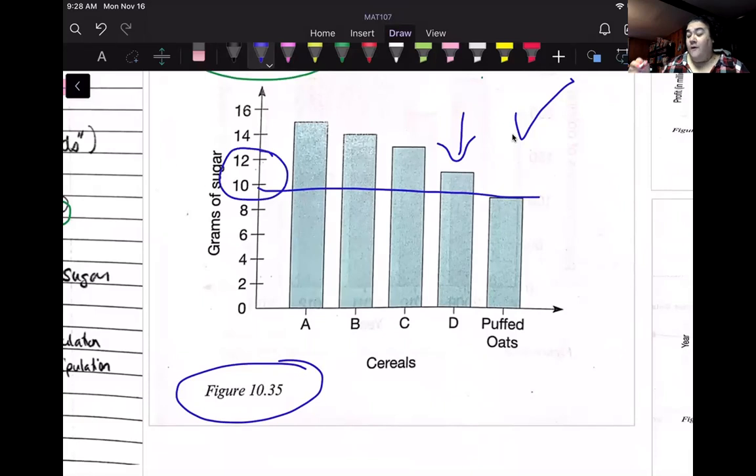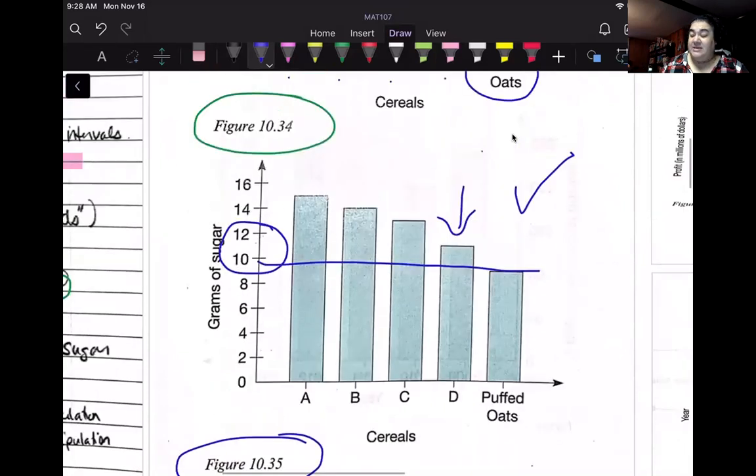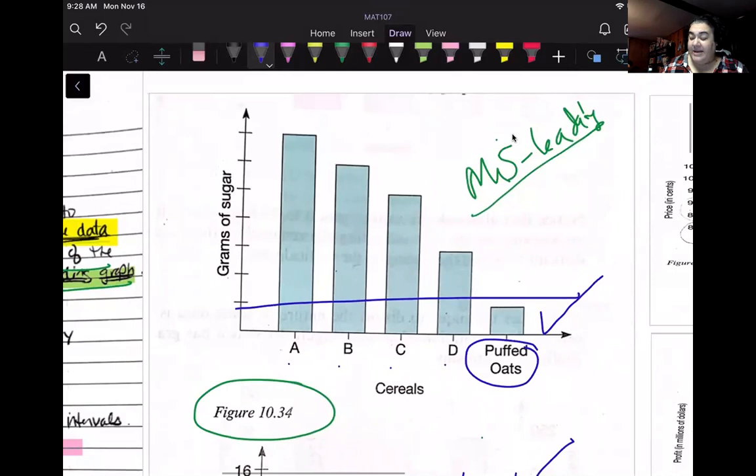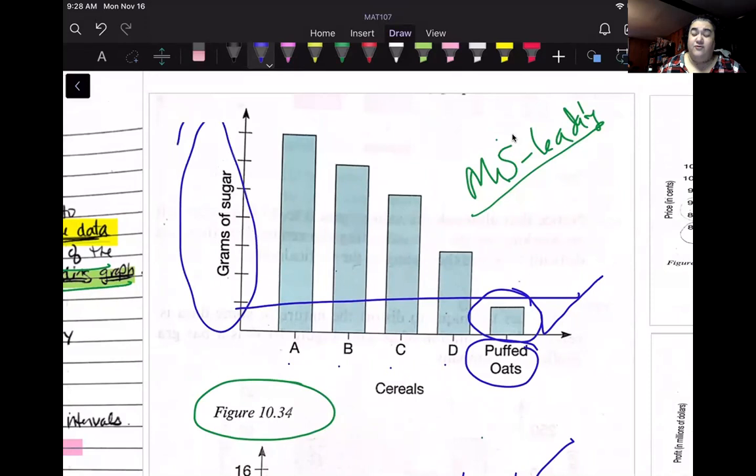Okay? So this graph is misleading because it makes it seem like this is radically healthier when in reality it is not. One of the ways they accomplish that is you'll notice there is no scale here. So you have no idea how to interpret what the distance between these hash marks means.